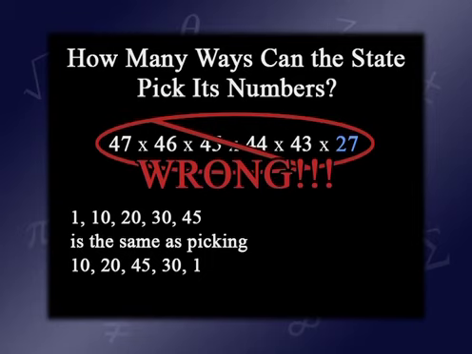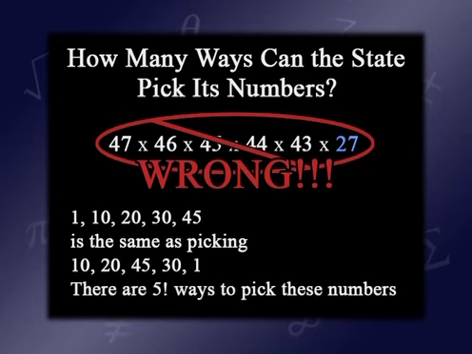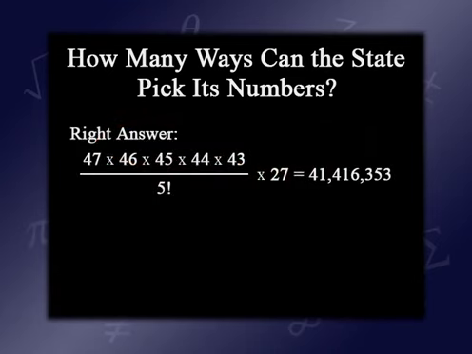So how many ways could you have arranged those 5 numbers and still had the same set of 5 numbers? Well, by the way of dealing through the cards, we saw there were 5 factorial ways of arranging those numbers.